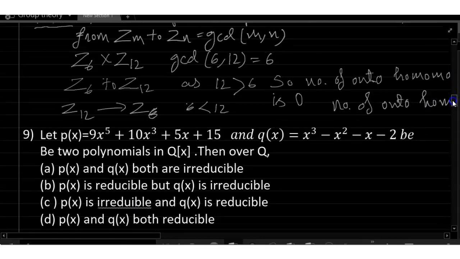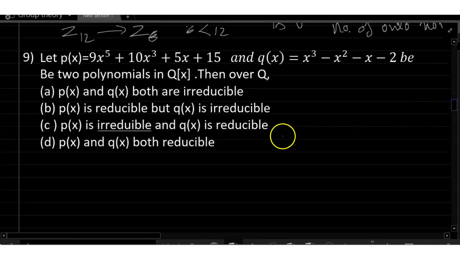Now let's go to solve number 9. Let P(x) equal x to the power 5 plus 10x cubed plus 5x plus 15, and Q(x) equal x cubed minus x squared minus x minus 2 be two polynomial elements in Q[x].